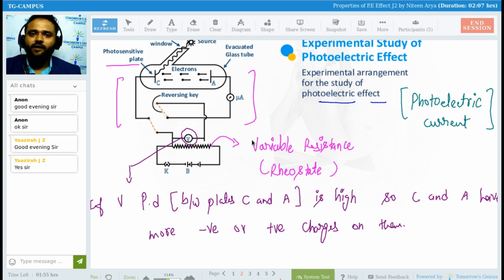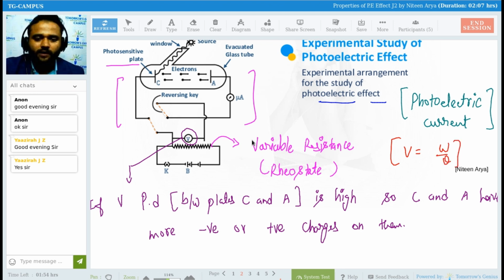What does it mean? If the potential difference is high, and we know the definition of potential difference is work done upon Q, clear? So if the difference is high, obviously the charge difference is going to be more. So C and A have more positive or negative charge on them, or basically the charge difference is going to be higher.